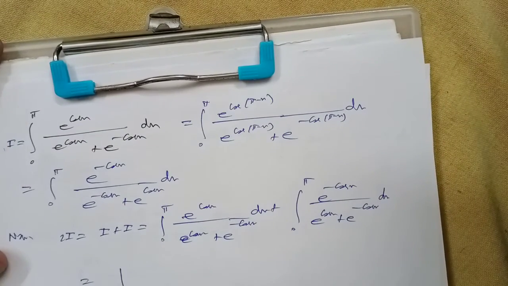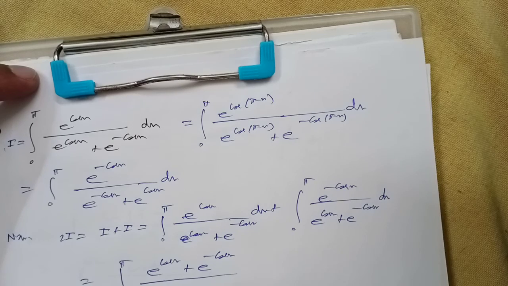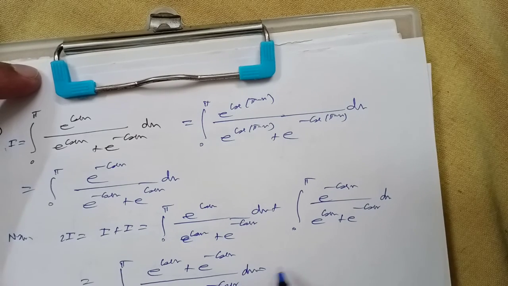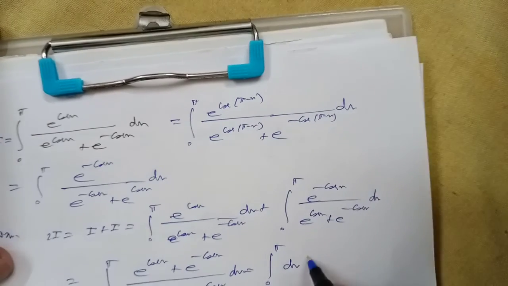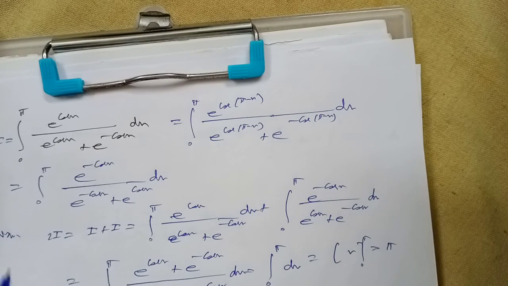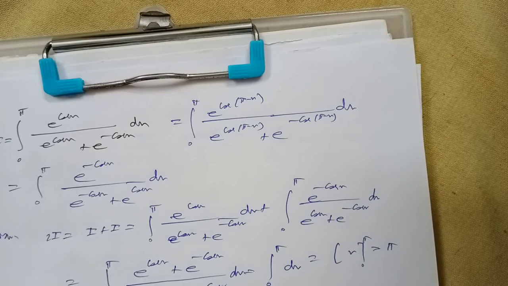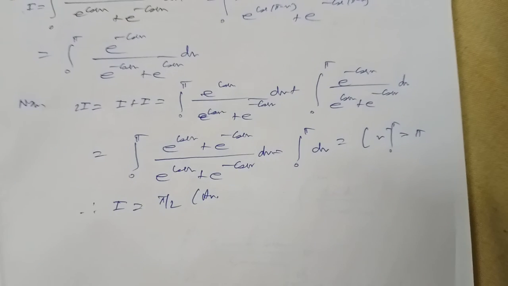Now just add them, so you get integration 0 to pi of (e to the power cos x plus e to the power minus cos x) divided by (e to the power cos x plus e to the power minus cos x) dx. So you get integration 0 to pi of simply dx, that is x from 0 to pi, so finally you get pi. So 2I equals pi, so your integral I becomes pi by 2. This is your answer.